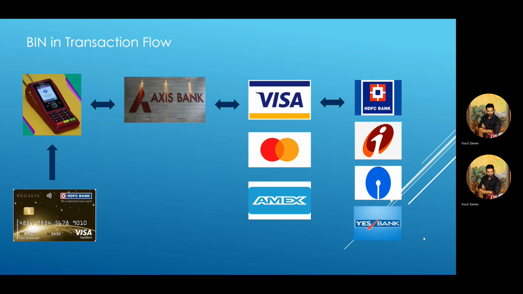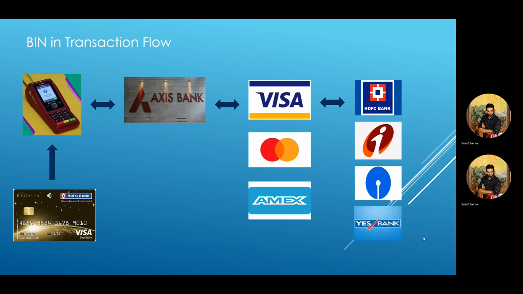Now, the next question that you might be asking is that in the previous session, I was saying that the information is sent in the form of a pin block and that it is encrypted, and nobody can read it, only the HSM can read it. So how does Axis Bank know which is the bin range, and how does Visa know which is the bin range? For that, there is another set of information which is sent along with the pin block, and that is the data elements.